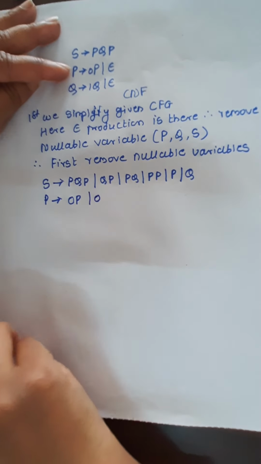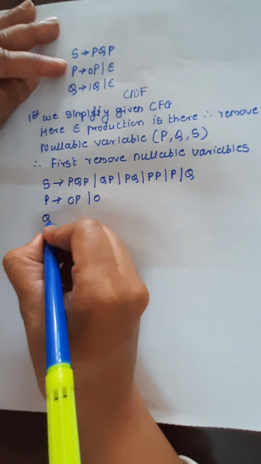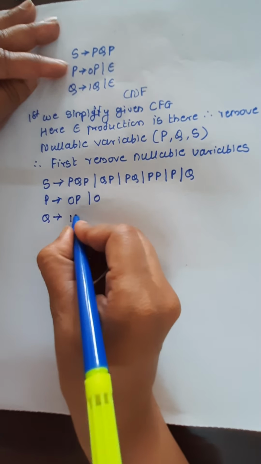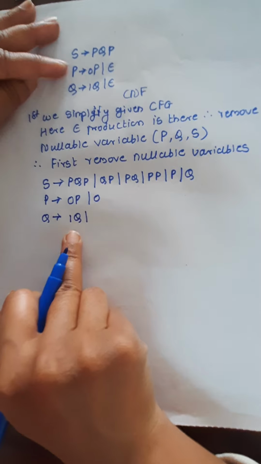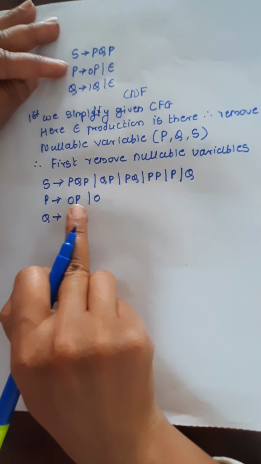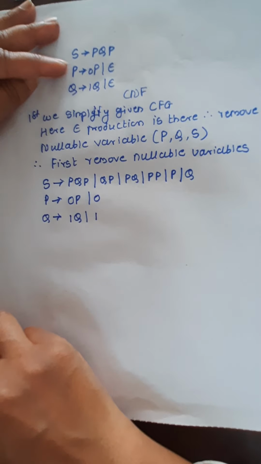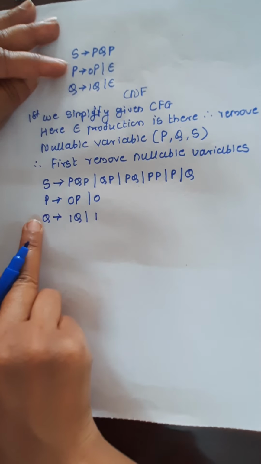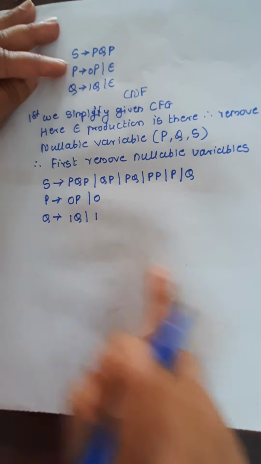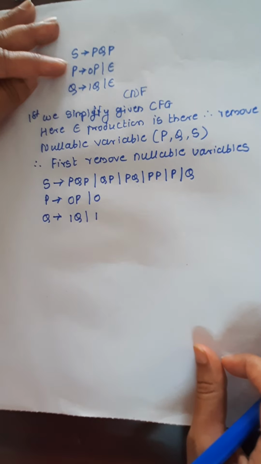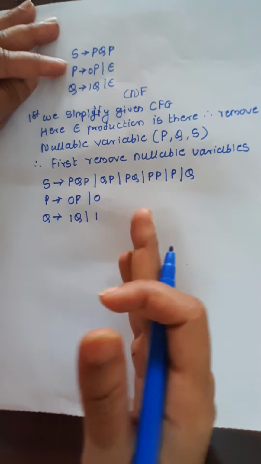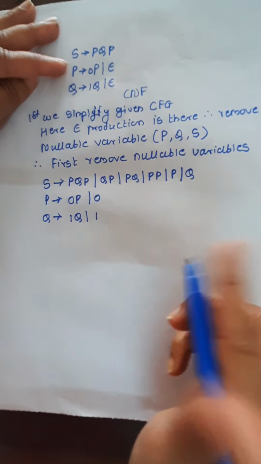So yes, this is without nullable. Now the Q production, write down 1Q as it is. Fine. Q is nullable, remove it, what is left? 1. Fine. So this is the CFG we get without nullable variables, or we can say without epsilon production.